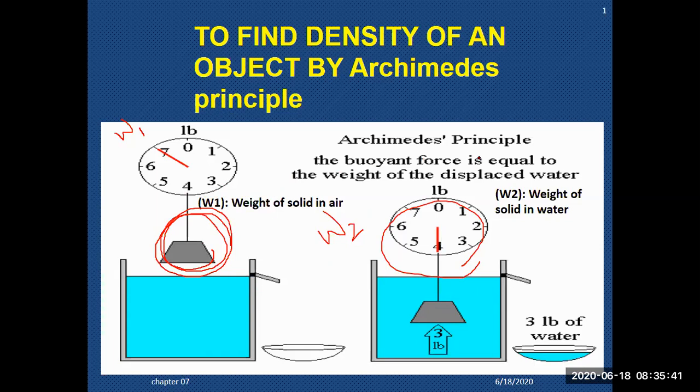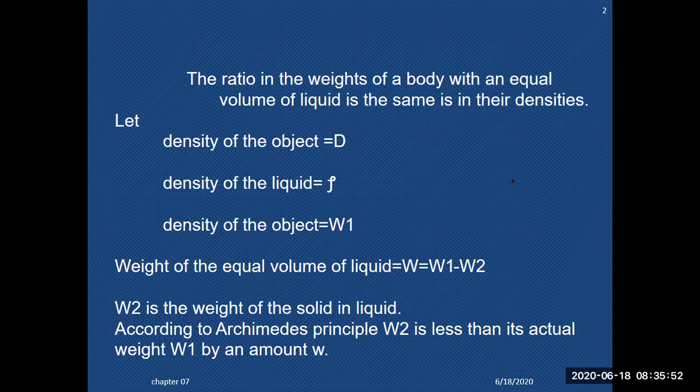The buoyant force is equal to the weight of the displaced water. This is the Archimedes principle. Then under this condition, what will be the result? The ratio of the weight of a body to the weight of an equal volume of liquid is the ratio of their densities. So how will you calculate it?